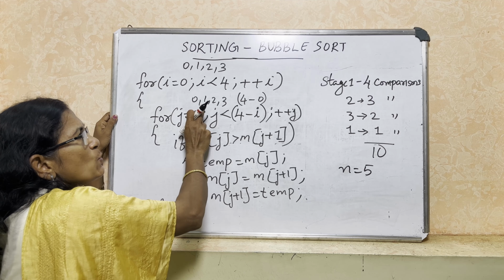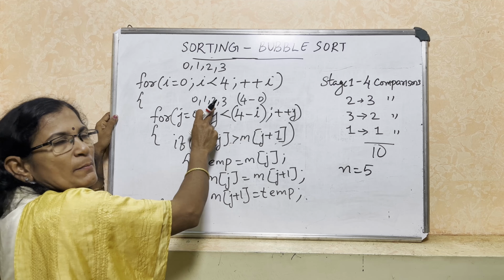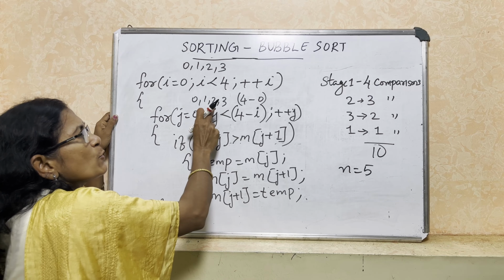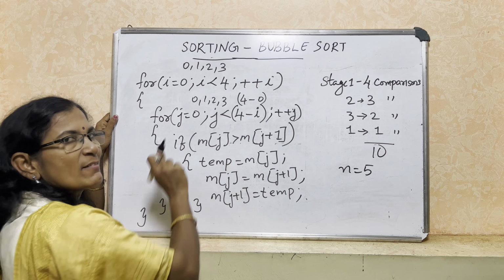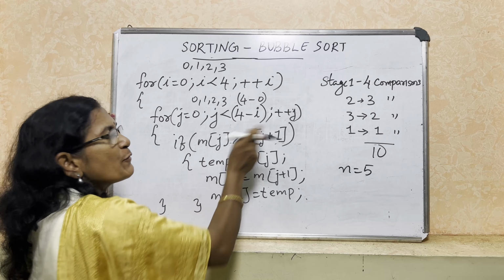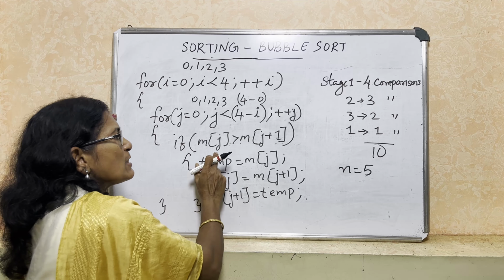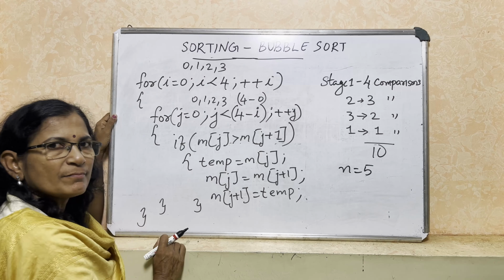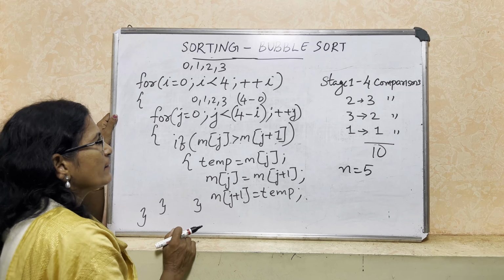When j is equal to 1, elements at 1 and 2 will be compared. When j is equal to 2, elements at 2 and 3 will be compared. When j is equal to 3, elements at 3 and 4 will be compared, as we have used j and j plus 1. So 4 comparisons will be done.